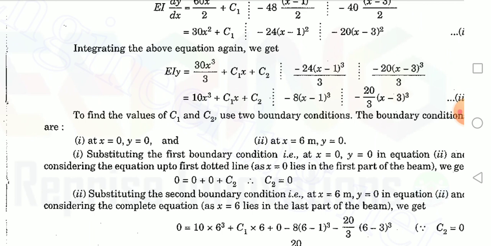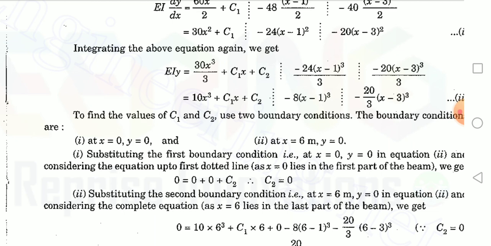So EI into y, that is 0, equal to 10 into 0 cube plus C1 into 0, which is also cancelled, and 10x cube also cancelled. So C2 equal to 0. That is the first boundary condition.